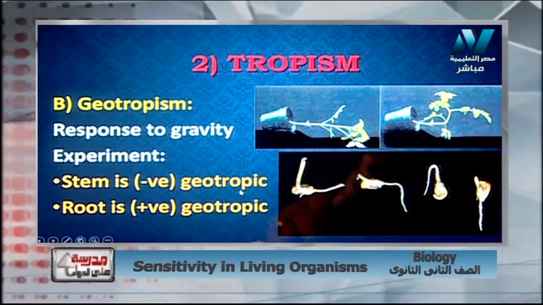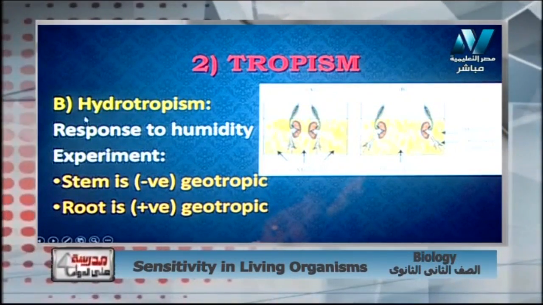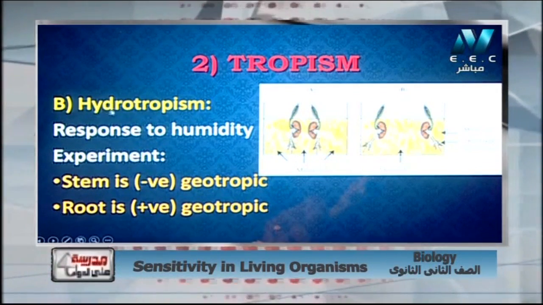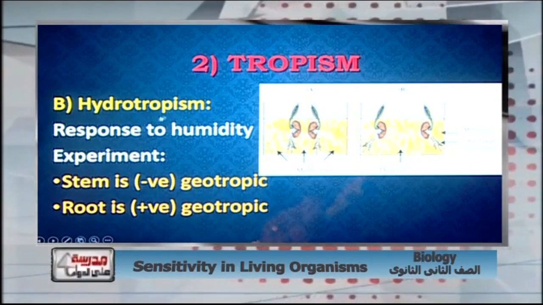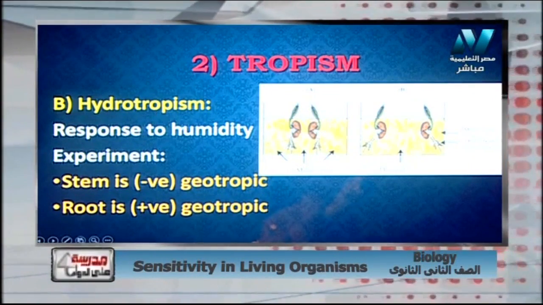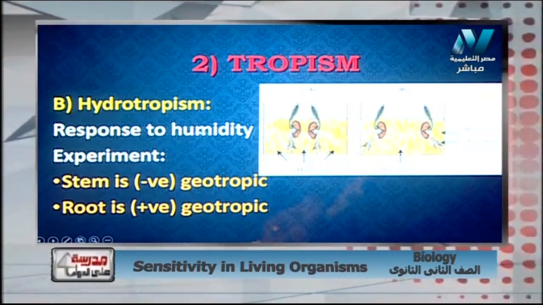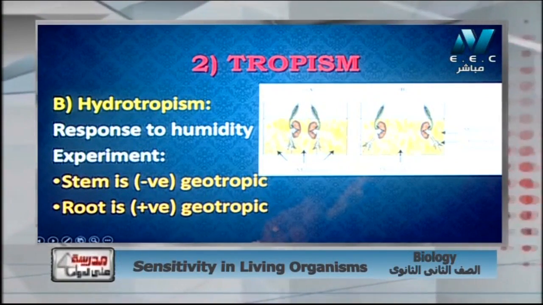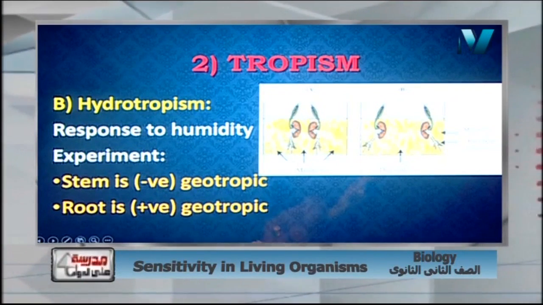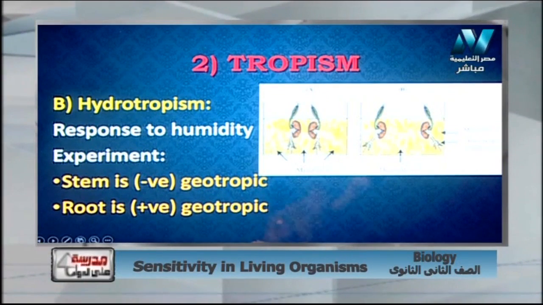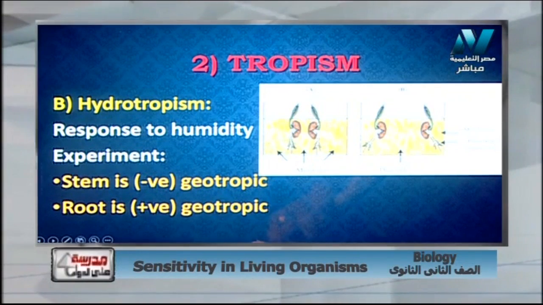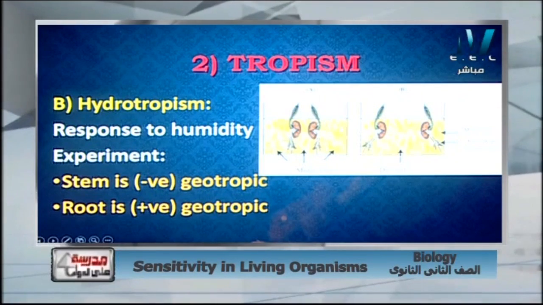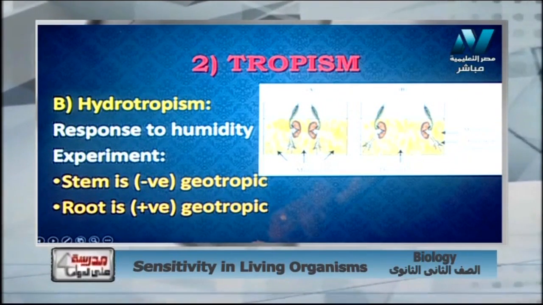The third part is hydrotropism. The third type of tropism is hydrotropism. Hydrotropism is the response of plant parts to humidity. In this experiment, we can notice the first trough, labeled A, containing soil, and the moisture is distributed equally all over the soil.